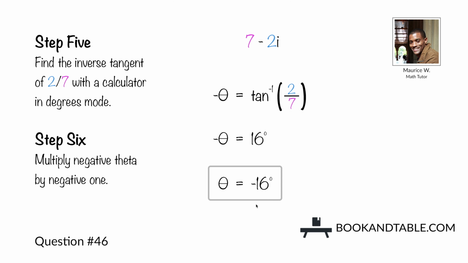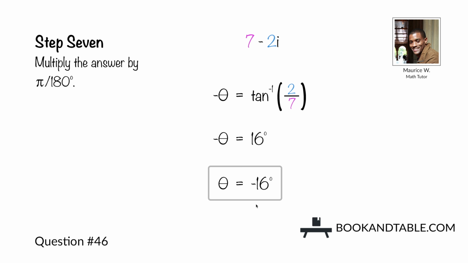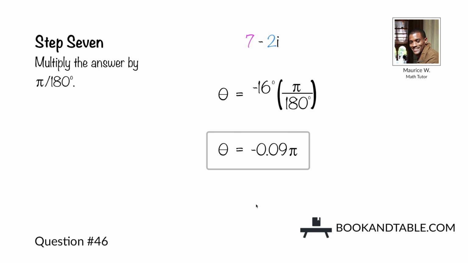And to convert this answer into radian form, you'll want to multiply it times pi over 180 degrees, giving you negative 16 degrees divided by 180 degrees is negative 0.09 radian. So the argument of 7 minus 2i is negative 16 degrees, or negative 0.09 radian.